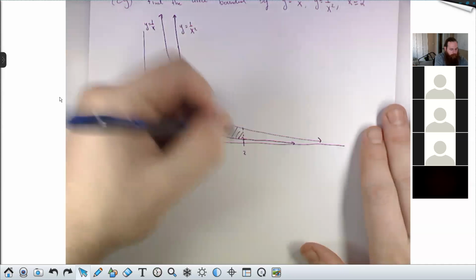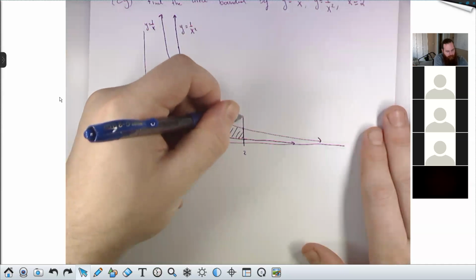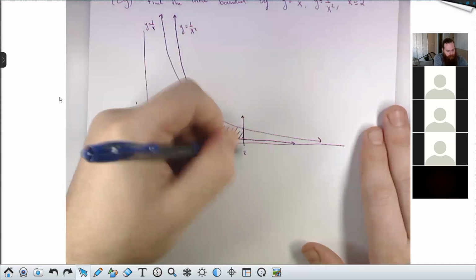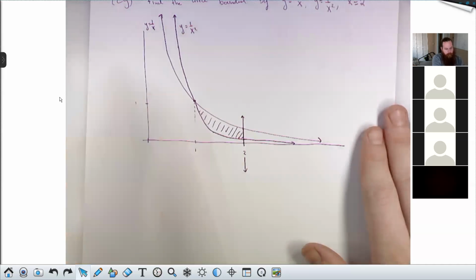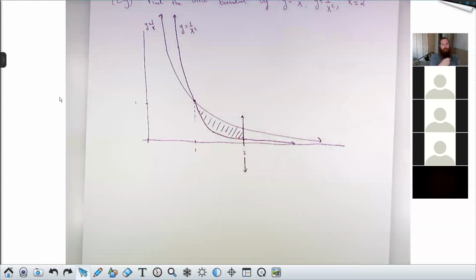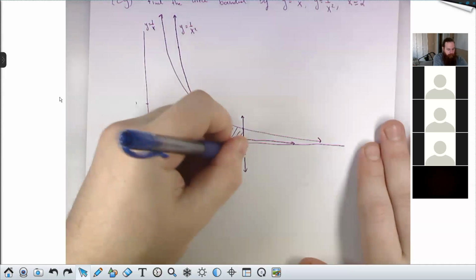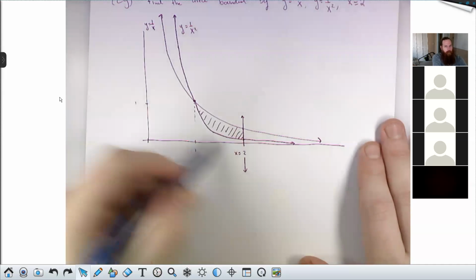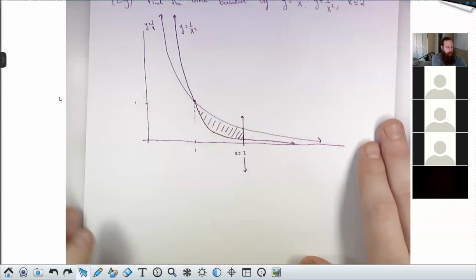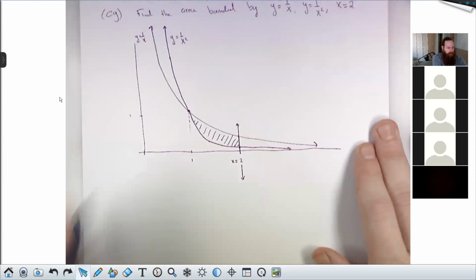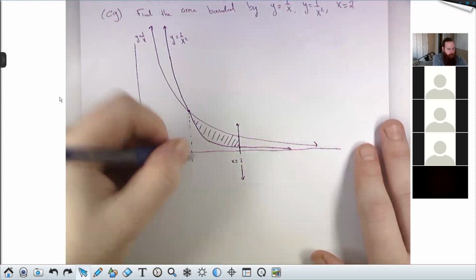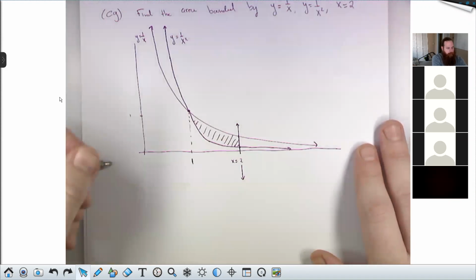All right, the line x equals 2 is a vertical line here. So this is the area I'm after. And I can get it by integrating the upper function minus the lower function from x equals 1 to x equals 2.